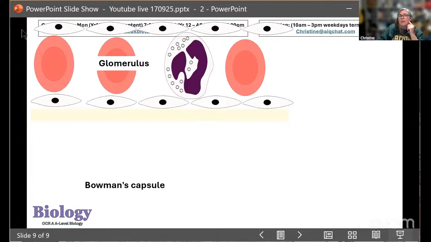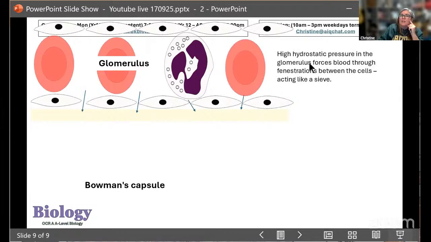is my glomerulus. So obviously, because we've got glomerulus, we've got our endothelial cells. What we then have is that this high hydrostatic pressure is going to force the small substances, like the formation of tissue fluid. Tissue fluid happens at the tissues.